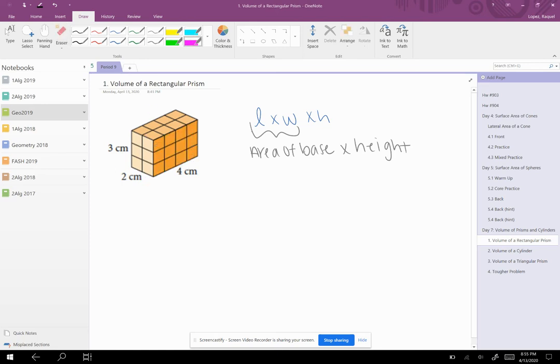It doesn't really matter when it comes to rectangular prisms, because you're going to get the same answer either way. So we get 3 times 2 times 4. 3 times 2 is 6. 6 times 4 is 24. So the volume of this rectangular prism is 24 centimeters cubed.